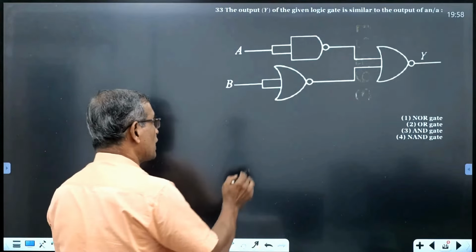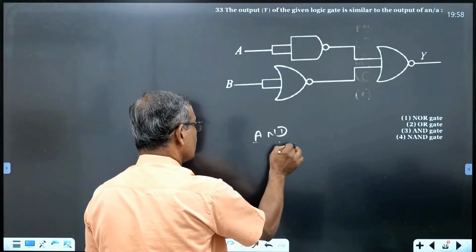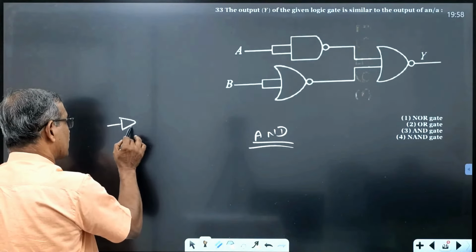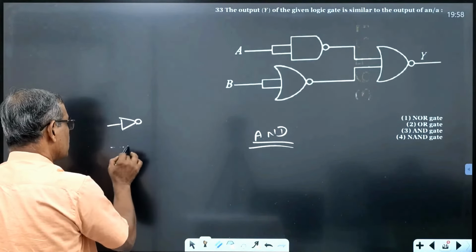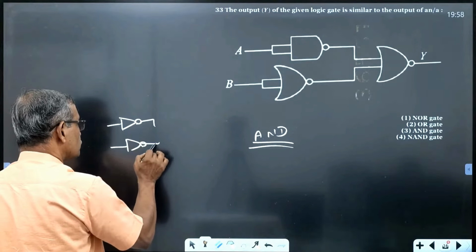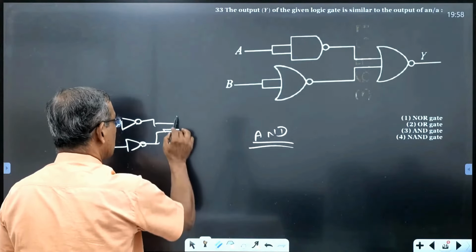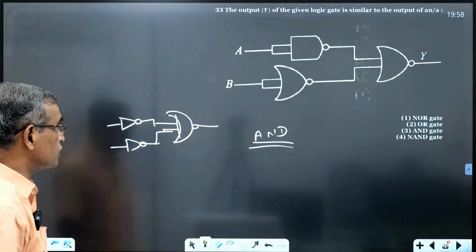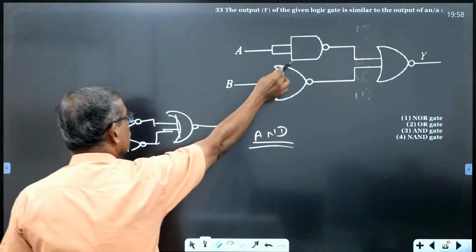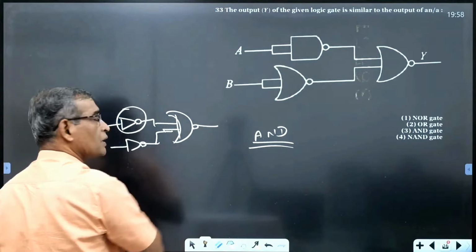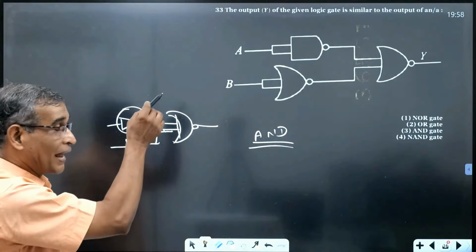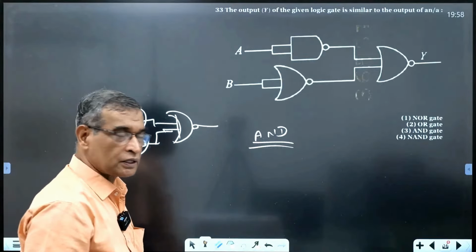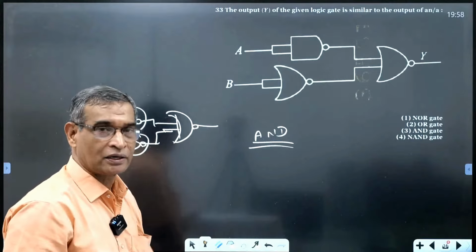And this is an AND gate. Remember how a universal gate can be converted. This is a NOT gate. The output of these two NOT gates is given to a NOR gate. Therefore, this is an AND gate. Now, instead, you use a shorted NAND. Here you use a shorted NOR. Both are NOT gates. Therefore, ultimately, the gate is an AND gate.